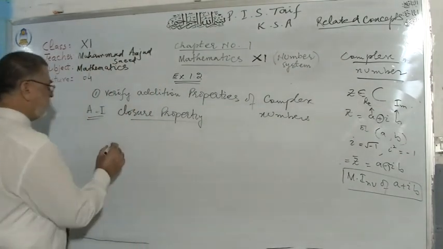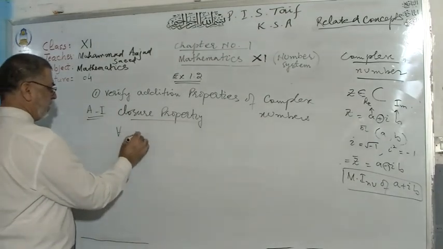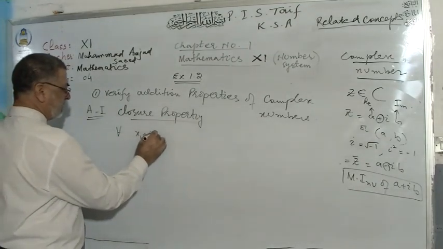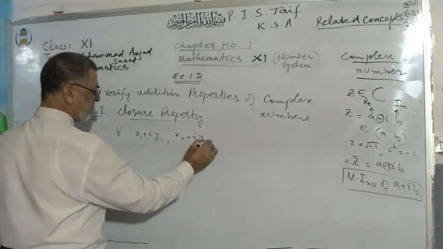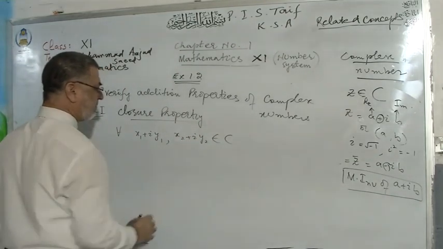So, for all x1 plus iota y1, x2 plus iota y2 belonging to the set of complex numbers.